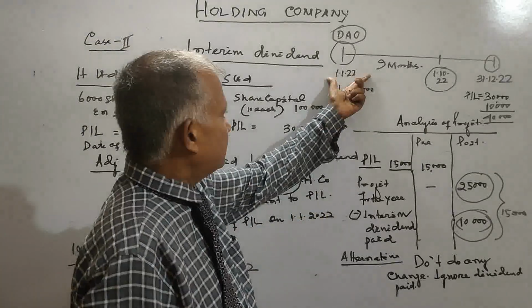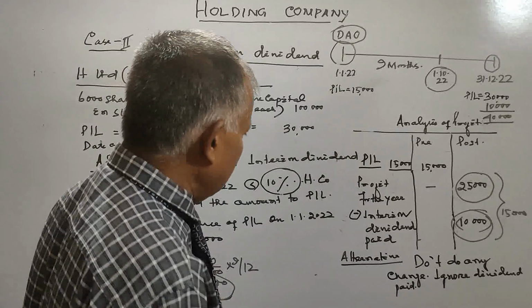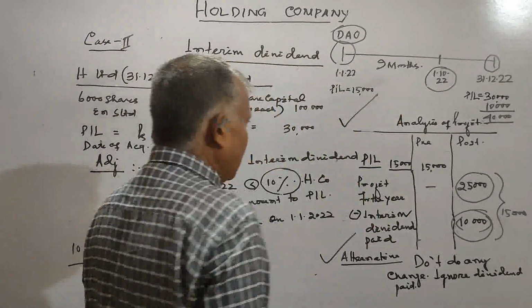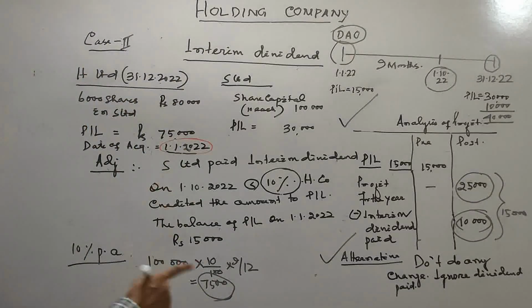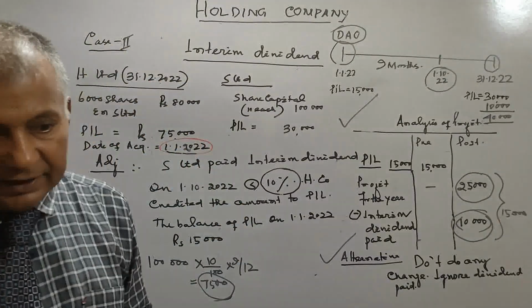But if the date of acquisition is at the beginning of the year, either this or this, you can use any of the methods, and there will be no change in the holding company PL, right?